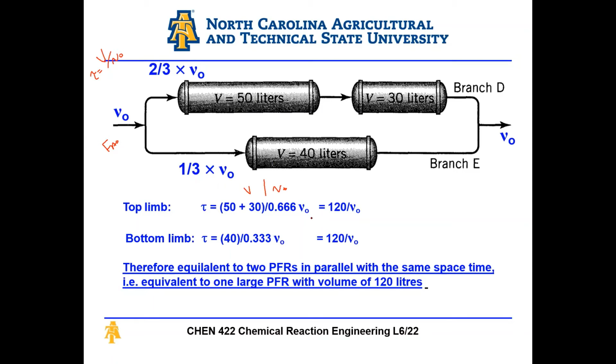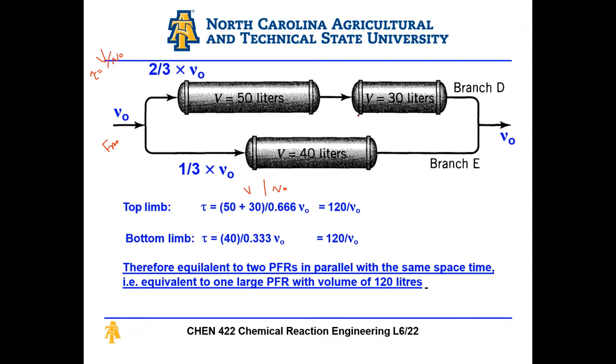And the overall space-time is 120 divided by v naught. In the bottom limb, if I divide the volume, in this case 40, by my volumetric flow rate, which is 0.33 v naught, it is equal to 120 over v naught, right? So therefore, it is equivalent to 2 PFRs in parallel with the same space-time, i.e. equivalent to one large PFR with a volume of 120 liters.